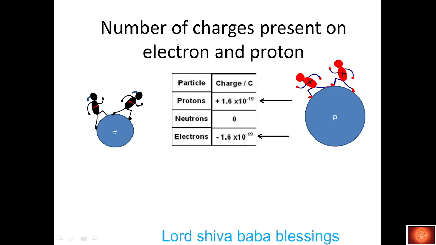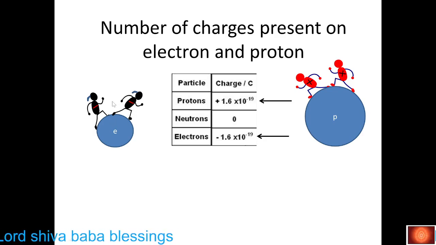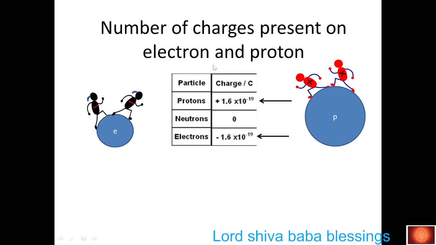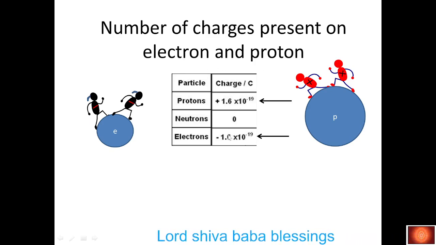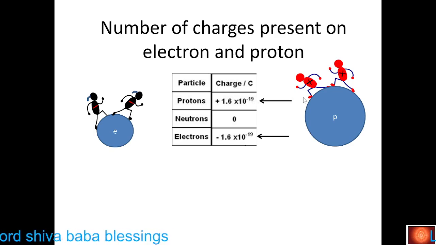Now let us look at the number of charges present on electrons and protons. As I said earlier, only negative charge can be present on electron and positive charge can be present on proton. Now let us see how much charge is present on electron and proton. The amount of charge would be equal, that is 1.6 into 10 to the power of minus 19.